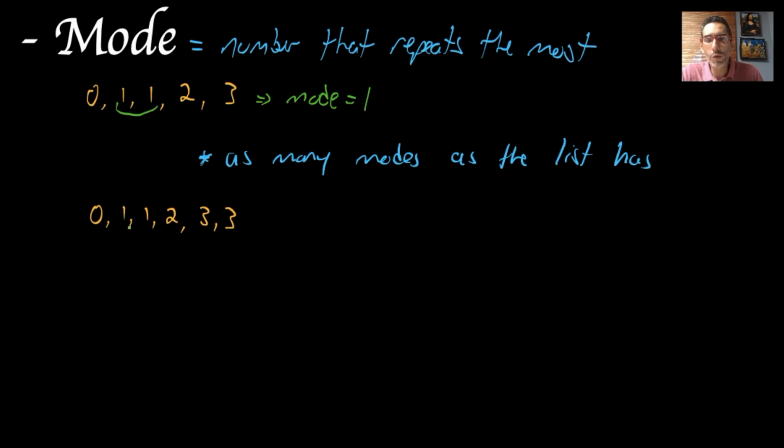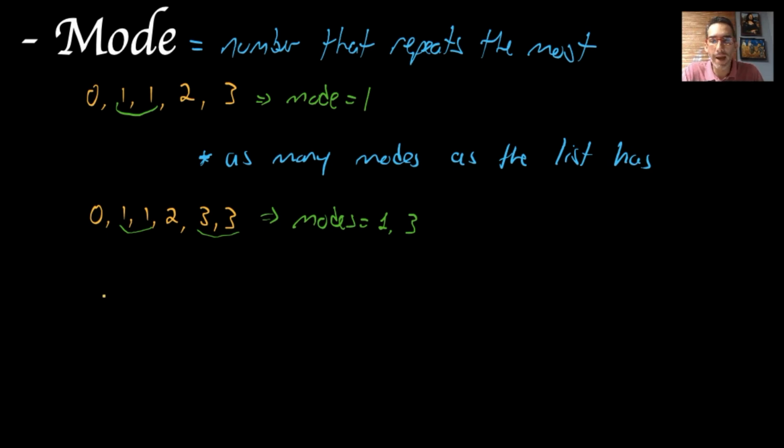So in this case, we have two elements that repeat the greatest number of times. The 1 repeats twice. We know that the 3 repeats twice. So this list of elements has two modes, okay? The modes of this list will be 1, and the other mode will be 3. Clear?